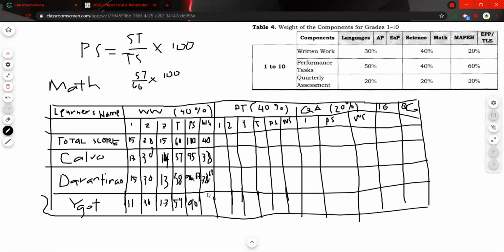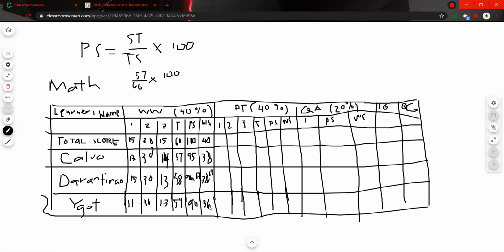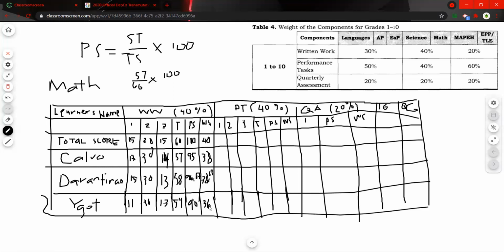Next, Igot, 90 times 0.40, that is 36%. Okay, 36%. If you got more than 40%, like for example, for Calvo, 42%, I guess there's something wrong with your computation. Okay, now let's proceed to the performance task.